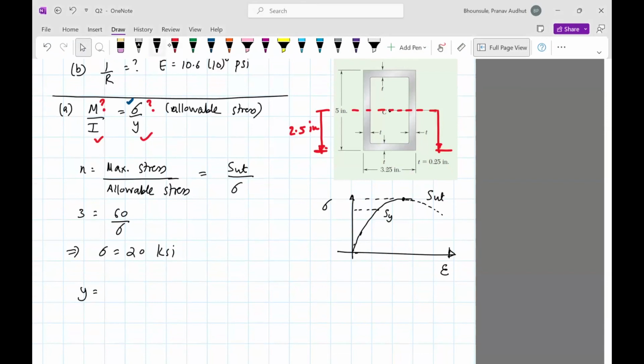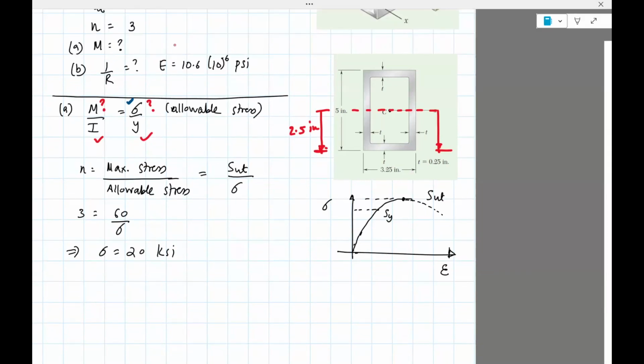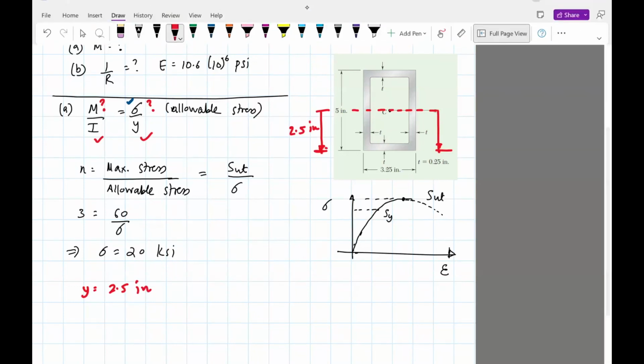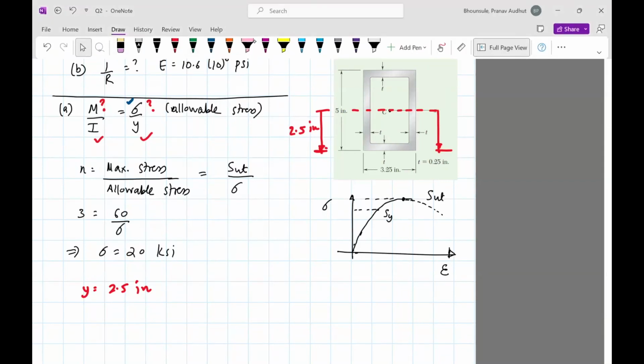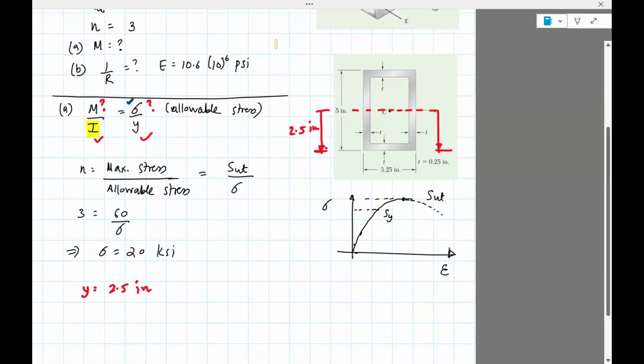So there we have Y. We need to compute I. Yeah, let's compute I.